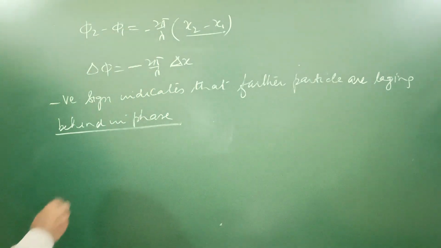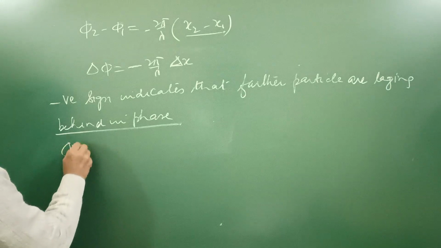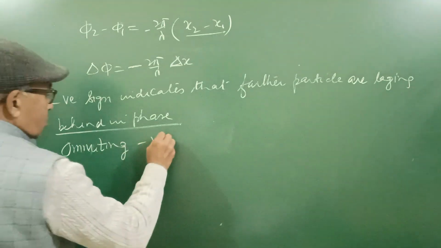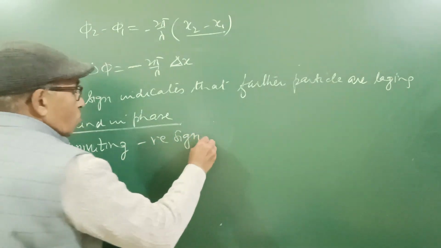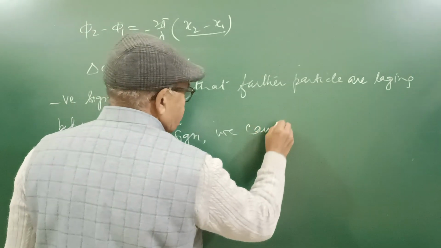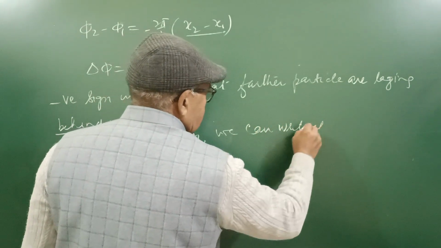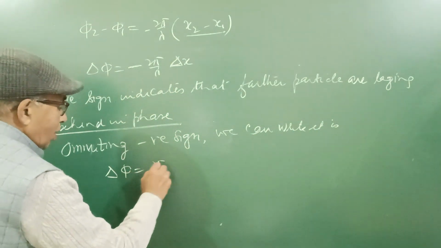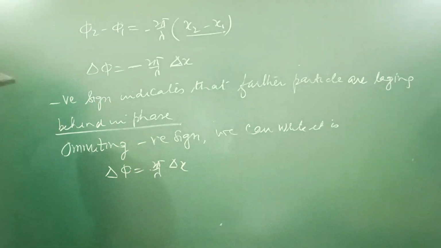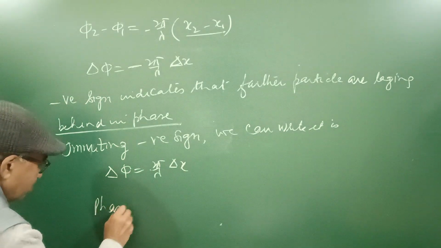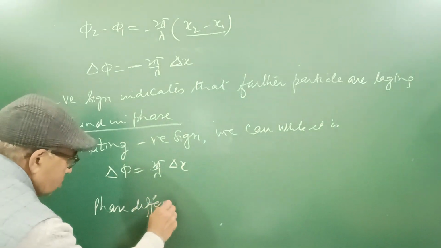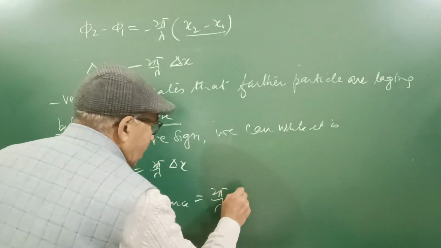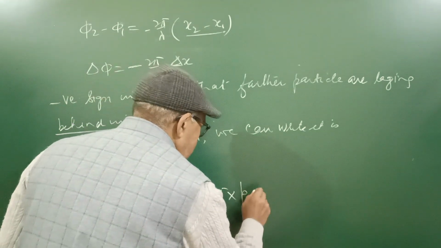Omitting the negative sign, we can write it as delta phi equal to 2 pi upon lambda delta x, which means the phase difference is equal to 2 pi upon lambda into the path difference.